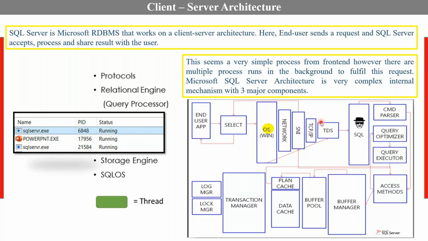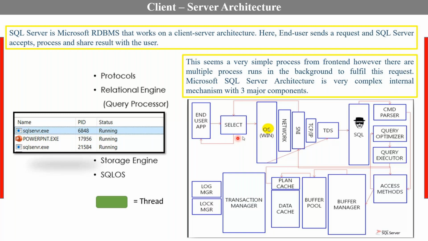That is nothing but network packets. Via network packets, it will communicate with the SQL Server. We call that TDS, tabular data stream, in the form of TDS packets, sir. It will make the communication whether you are performing insert or update or delete.